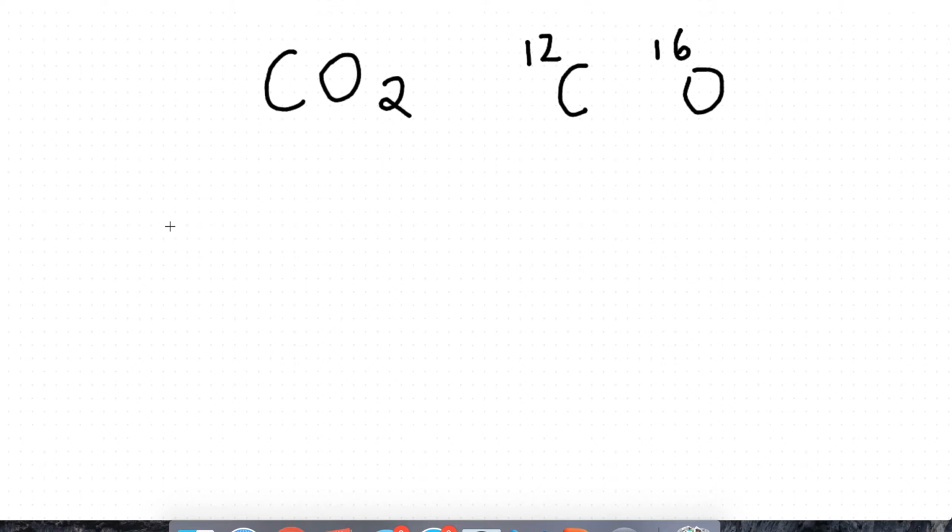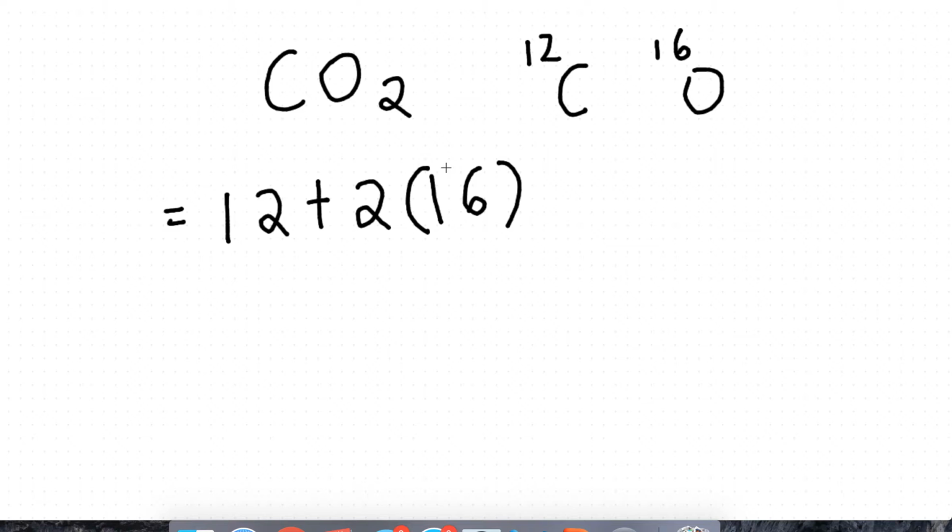So to find the relative molecular mass, the mass of carbon, which is 12, plus we have 2 oxygens, so put a 2 out here, open bracket, multiplied with the mass of oxygen. So 12 plus 32, because 2 times 16 is 32, equals 44. That's the molecular mass of carbon dioxide.